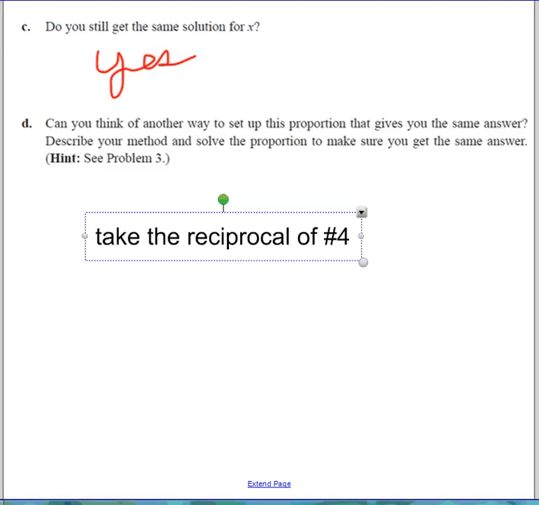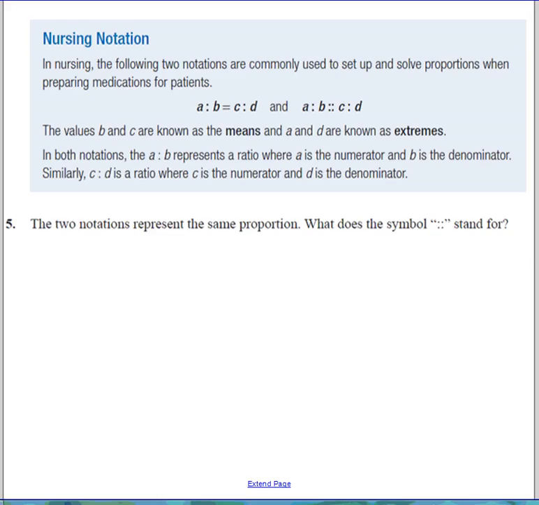So we can flip the way that they gave it to us, and again, it would give us the same solution. So just be consistent in the way you're setting them up. I always use the story problem to guide how I'm setting up the equation for my proportions. Next we're going to look at nursing notation and see how that's written using proportions.